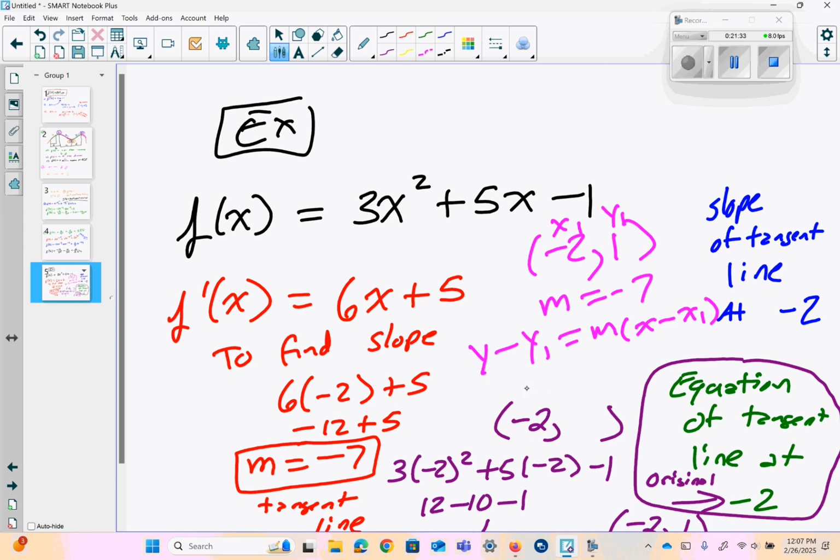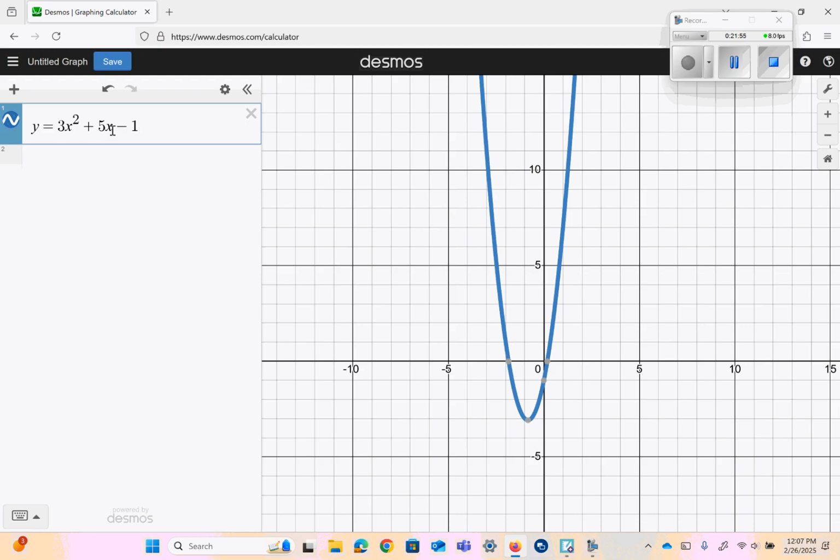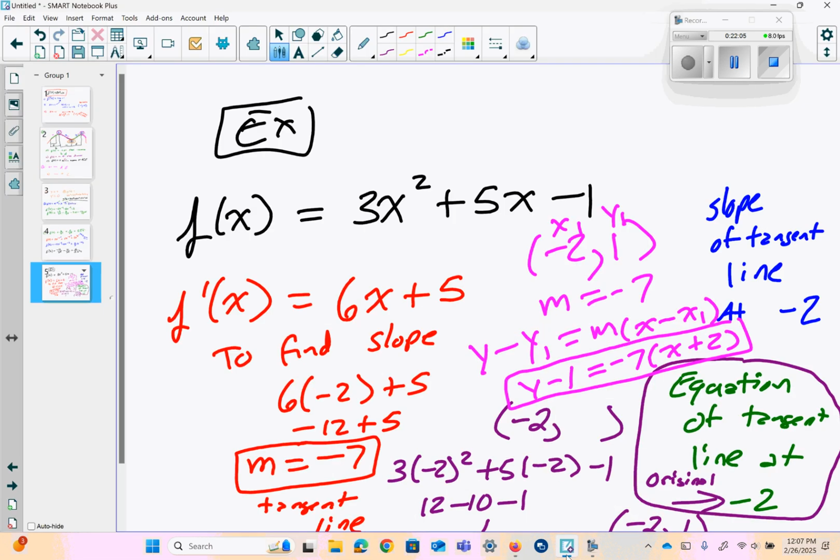So if I plug values in, I'm going to get y minus 1 equals -7 times x plus 2. I don't have to put it in slope-intercept form if I use Desmos, it'll take it just like that. So I'm going to graph y minus 1 equals -7 times x plus 2.